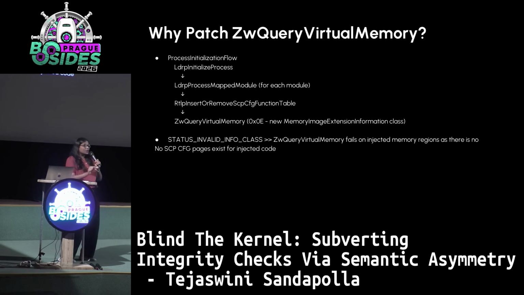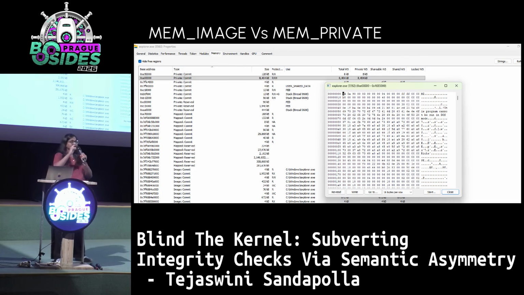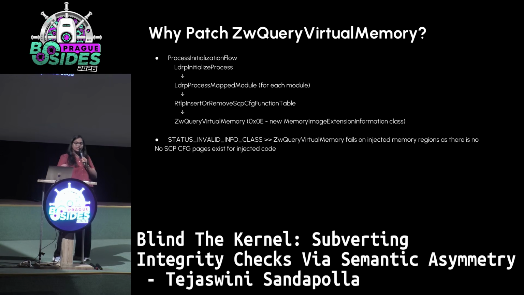So that means the memory type should be MEM_IMAGE, but in whatever payload we are injecting, because we are virtually allocating that memory and then injecting the payload, that memory type would be MEM_PRIVATE. Because of the conflict of MEM_IMAGE and MEM_PRIVATE, this RtlInsertOrRemoveScpCfgFunctionTable will fail.